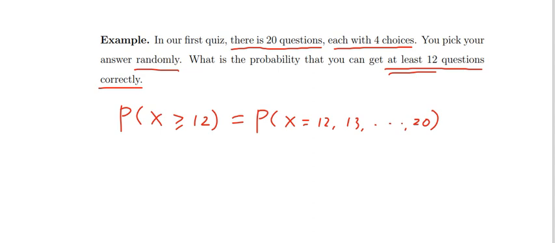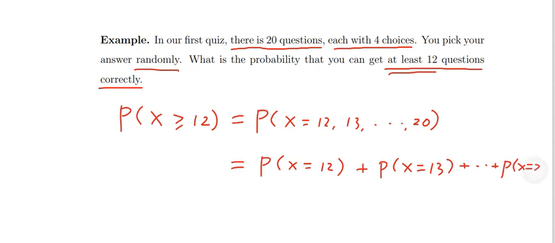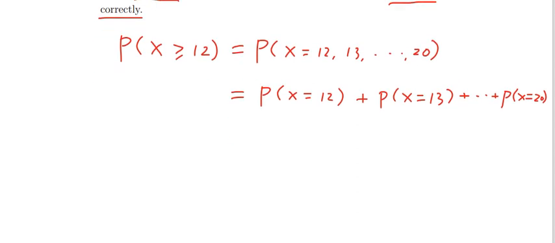So here we have too many cases, not one case. Even though we have the formula for X equals 12, X equals 13, and so on, the answer is X equals 12 plus X equals 13 plus ... plus X equals 20. For each one we have a formula.